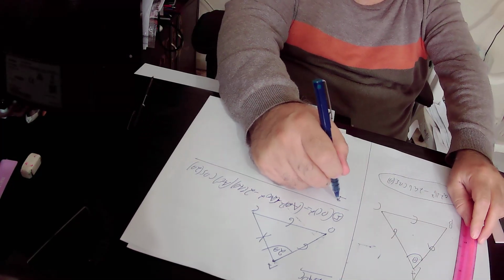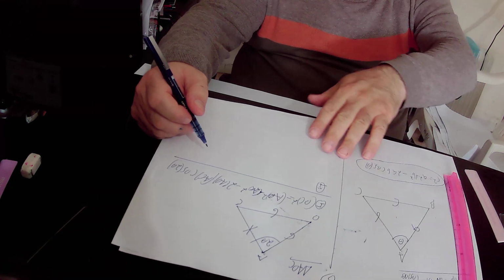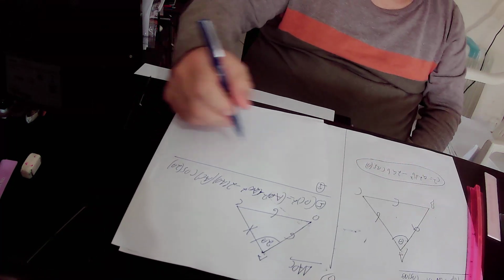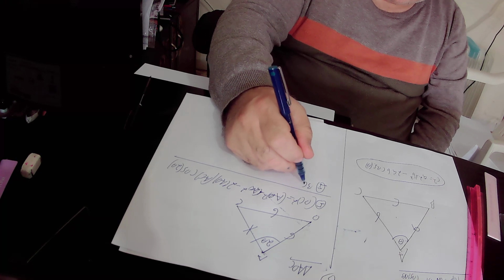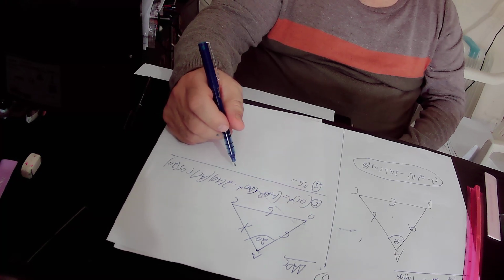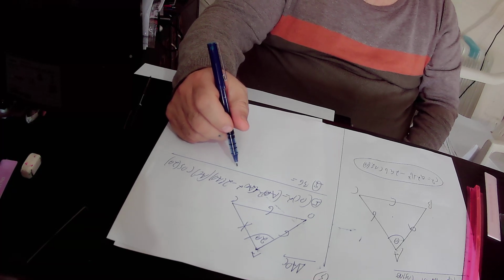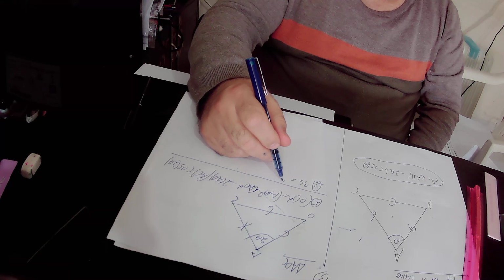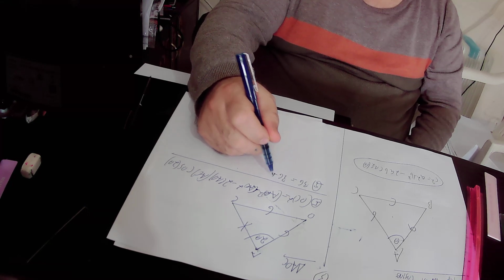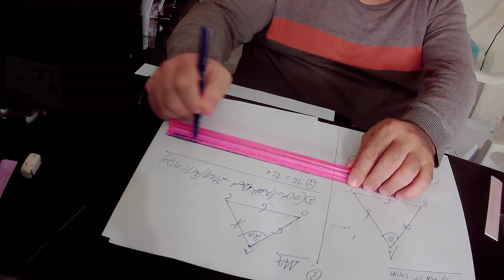So according to equation number 1, CO equals 6, so CO squared is 6 squared, that is 36, and it is equal to AO squared. AO equals 6, so AO squared is also 36, plus AC squared.